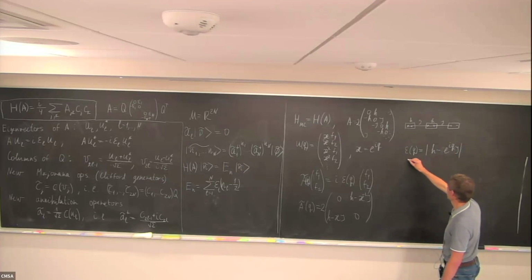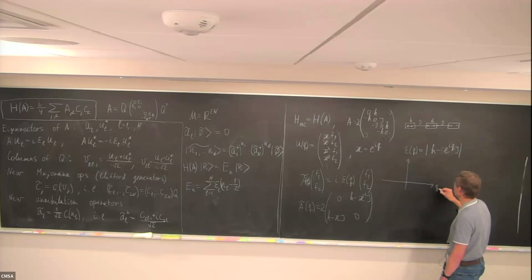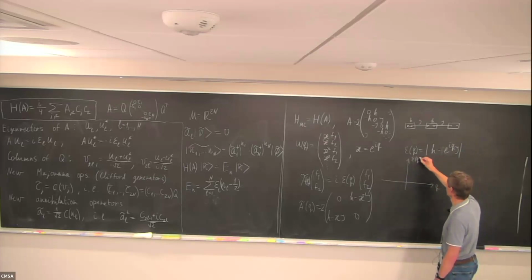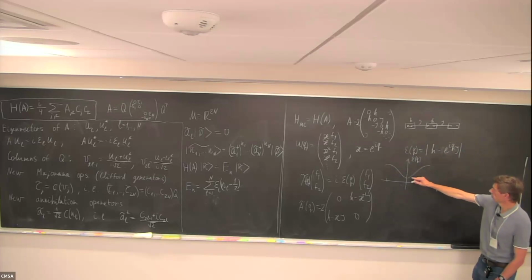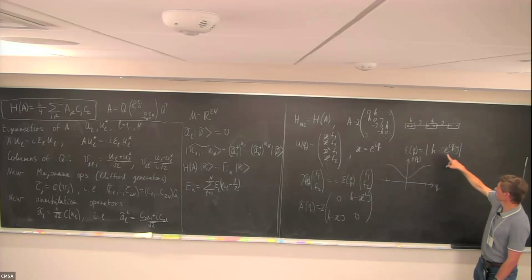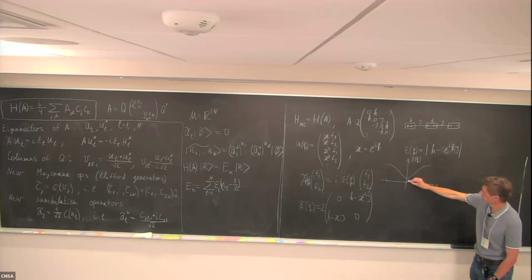And we can plot the spectrum, which is a quasi-particle spectrum. And an important feature is that unless H equals J, there is an energy gap in the spectrum.